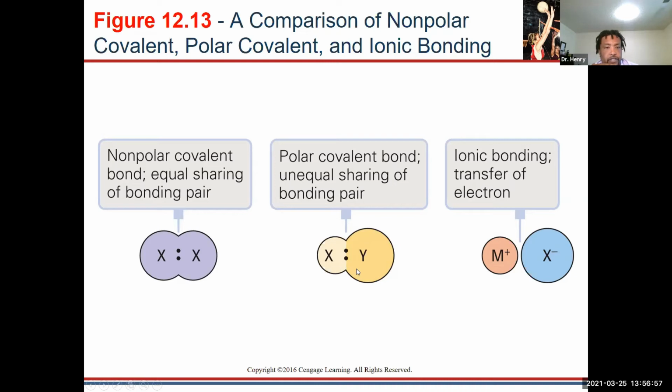So that's uneven sharing. And this is an example of ionic bonding, where the electrons are being transferred from the M to the X. X is negatively charged and M is positively charged because you're having a transfer of an electron. Does that make sense?